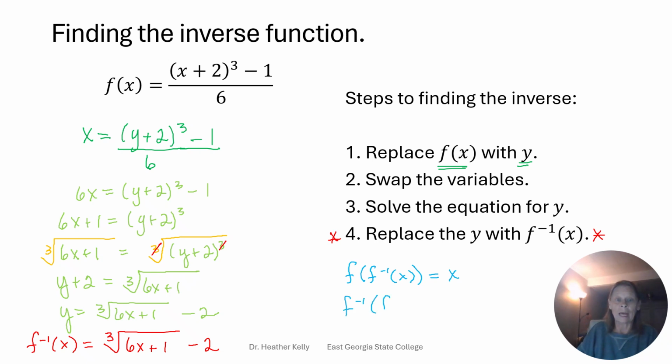Now, for them to actually be inverses, if we were testing if these guys were inverses, you would have to go both directions to assure yourself. I won't be asking you to determine if something is an inverse of another, but it's important for you to understand all of these characteristics about a very important concept here in algebra.